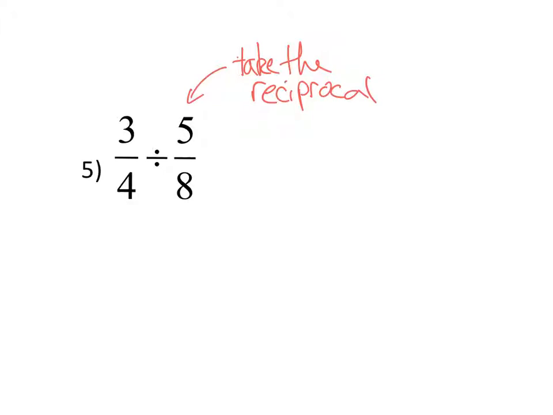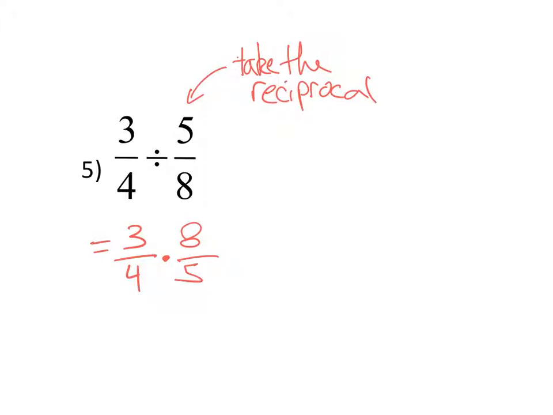reciprocal. Okay, so when I do that, 3/4 stays the same. The division sign, now we're turning this into a multiplication problem. Okay, and 5/8 flips over, becomes 8/5.